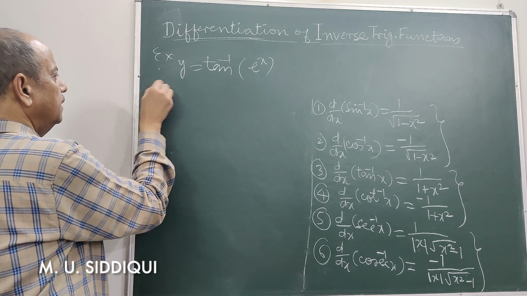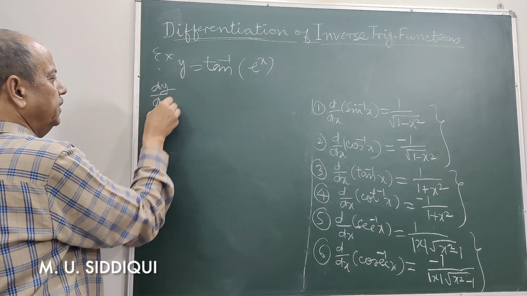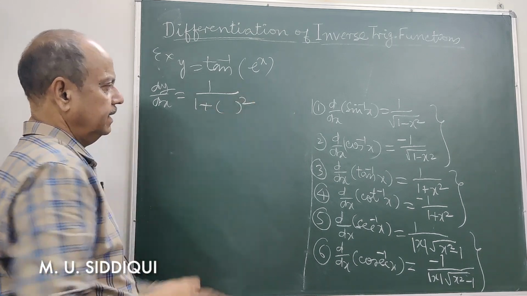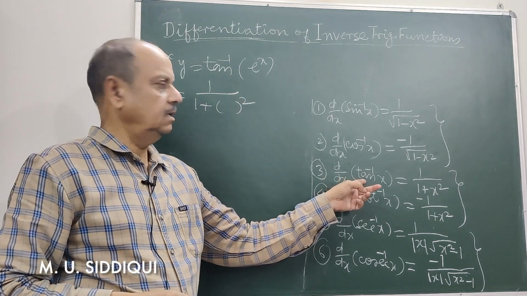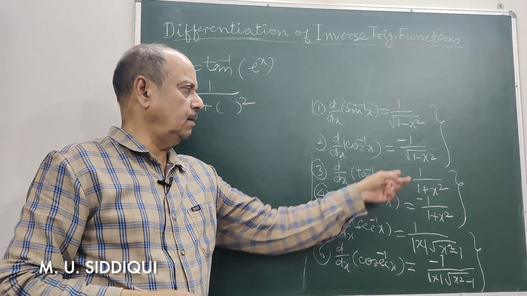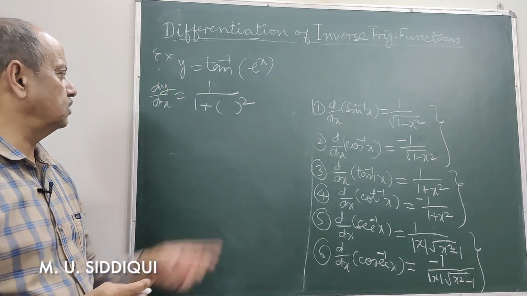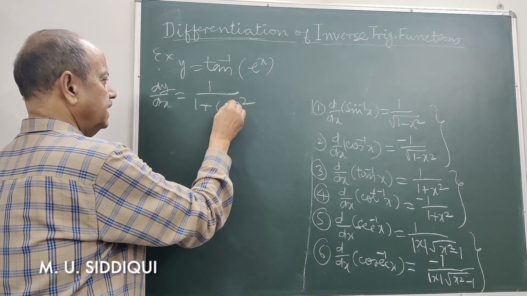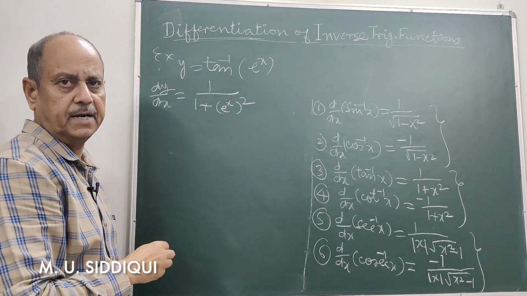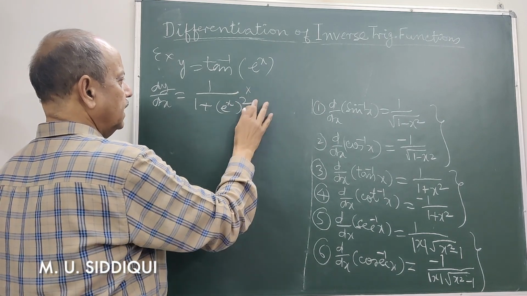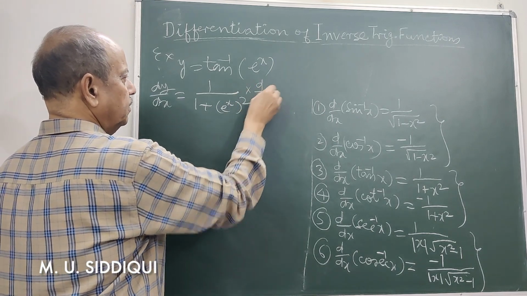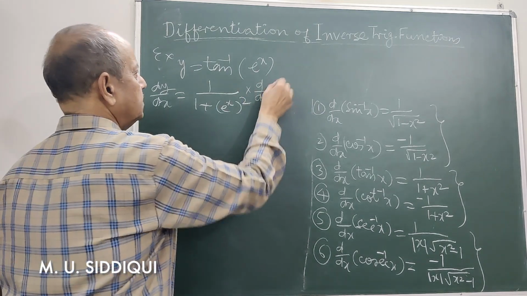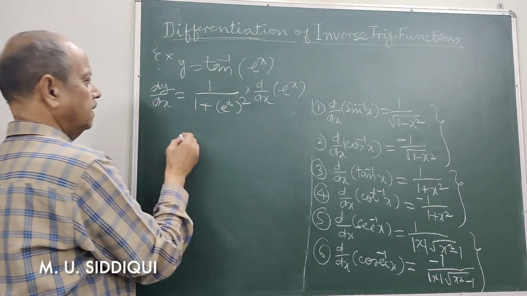So dy/dx will be equal to 1 upon 1 plus x square. Here is the pattern: d/dx of tan inverse x is 1 upon 1 plus x square. But here it is not x, it is something else. You write down whatever it is, e to power x, and in that case you will have to multiply by the differential coefficient of that value which is in place of x.